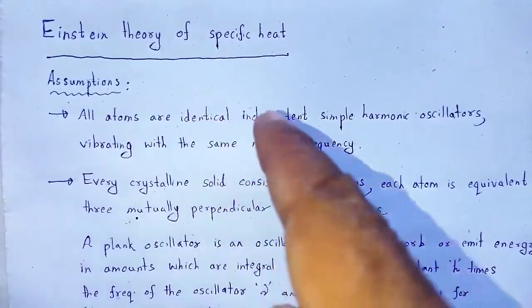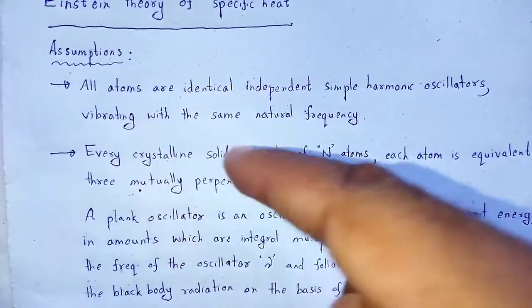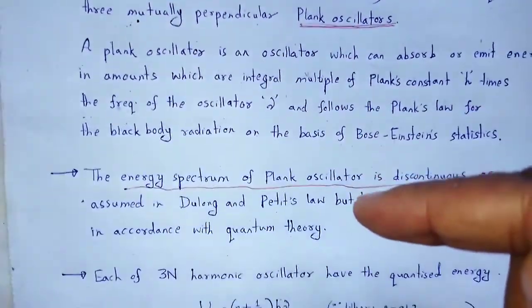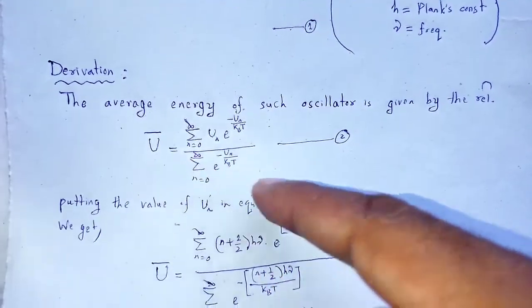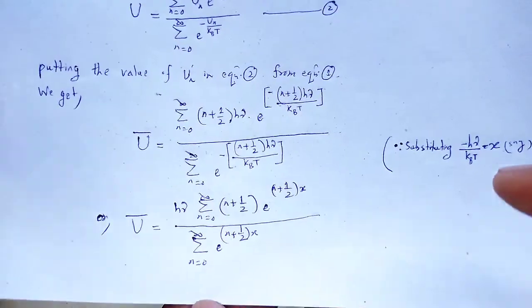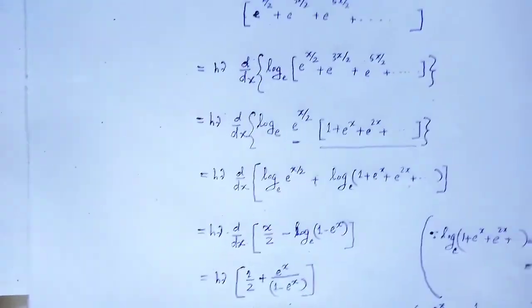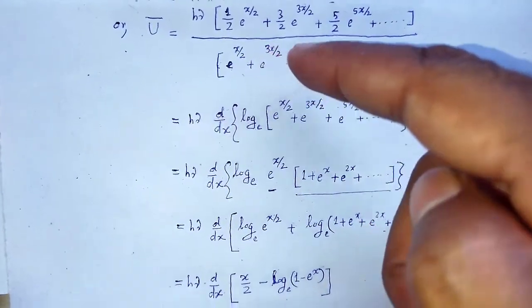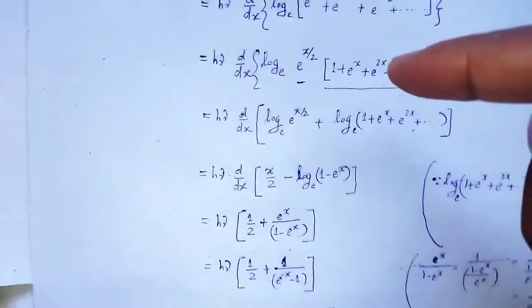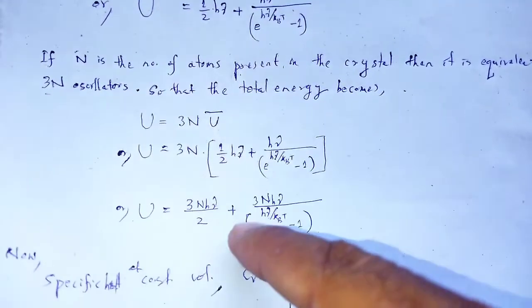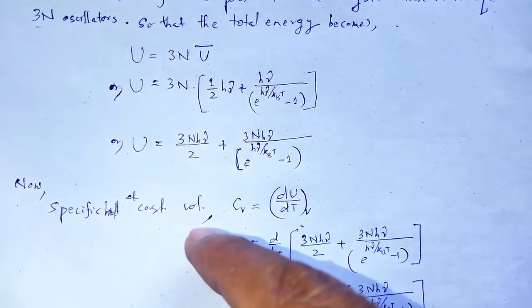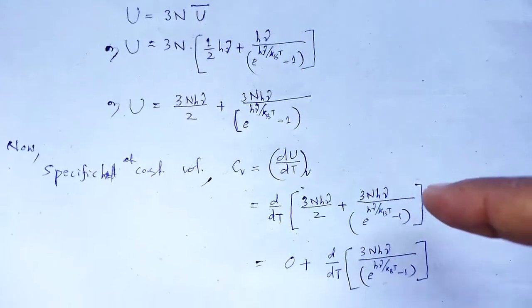So, with the help of this video lecture, we understand the concept of Einstein theory of specific heat in solids, some assumptions, deriving, first taking average energy, mathematically we proceed, and finally we take the average energy, then total energy, then specific heat at constant volume Cv.